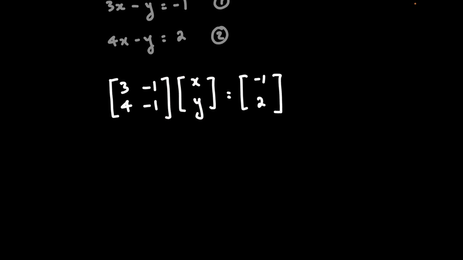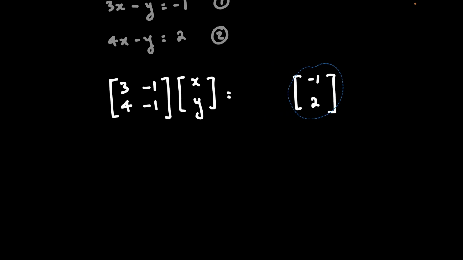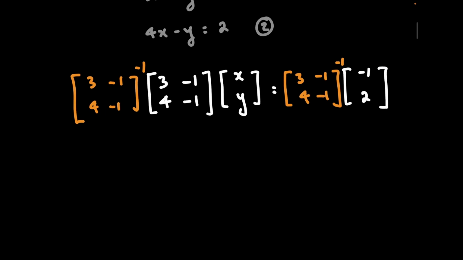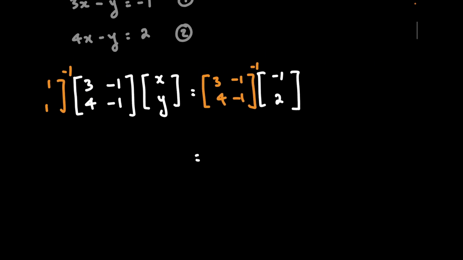The way we can do that is by pre-multiplying both sides of our equation by the inverse of the 2 by 2, so 3, -1, 4, -1 inverse. Let us now work out the inverse of this matrix. It is the same as 1 over the determinant of the matrix, and the determinant is going to be AD take BC.